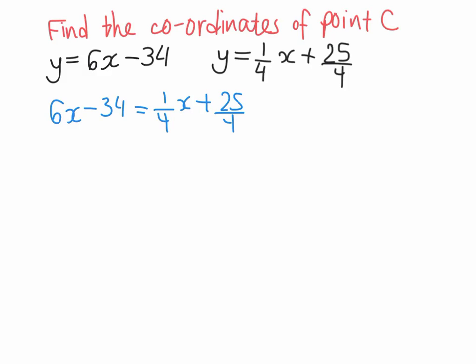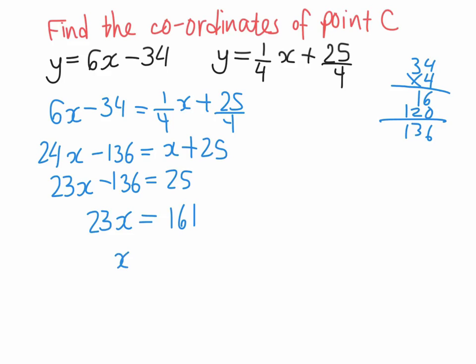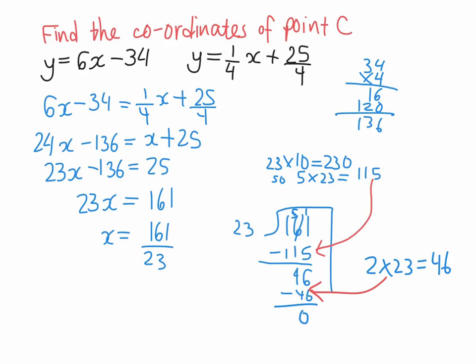Multiplying both sides by 4, subtracting x from both sides, adding 136 to both sides, dividing both sides by 23, and I've just done the long division there to get the answer x equals 7.